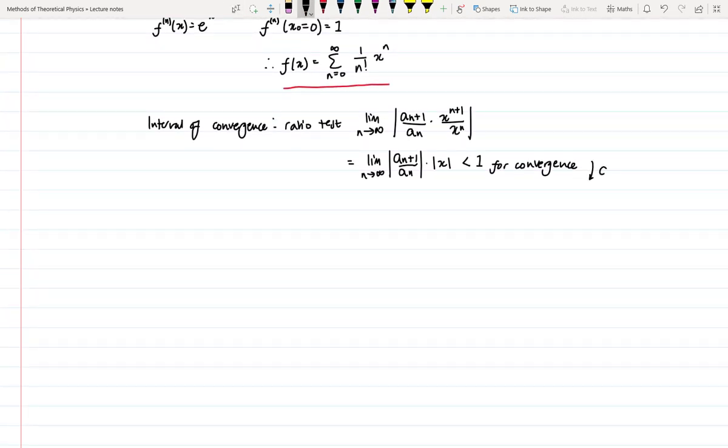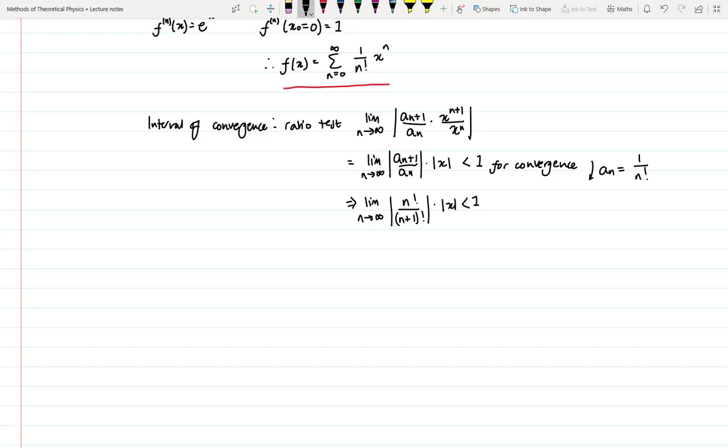We know that the nth coefficient is given by 1 over n factorial. So this expression here gives us the limit as n tends to infinity of n factorial over n plus 1 factorial. So this implies that this holds.